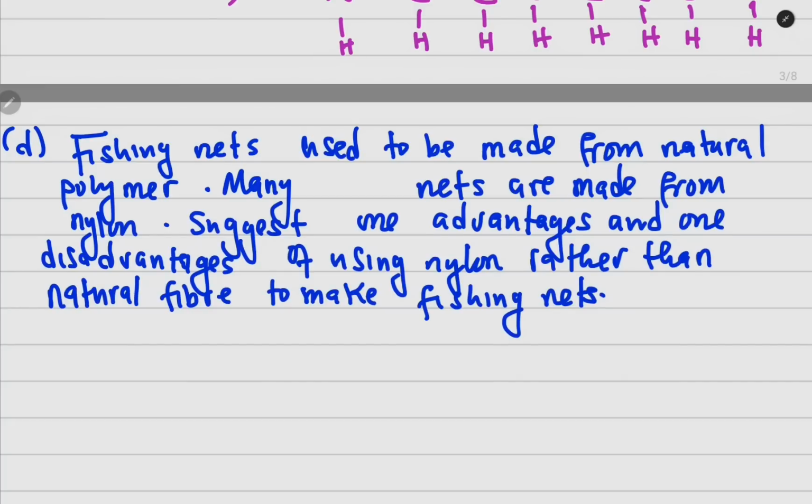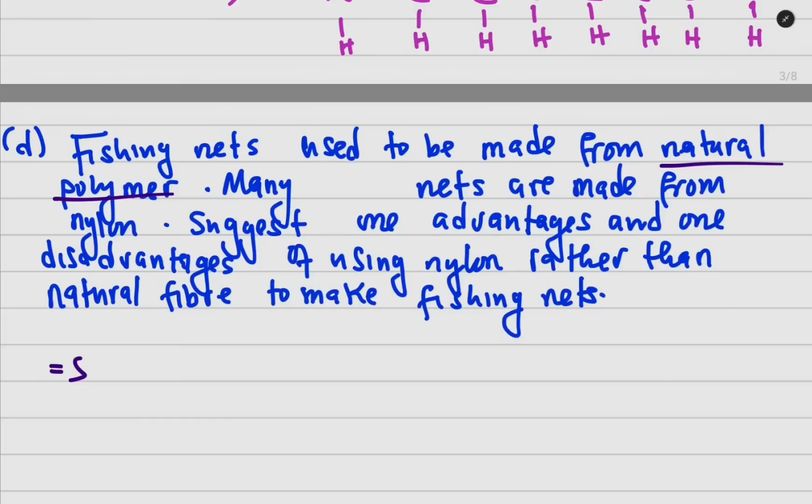So what we are simply doing here is to give advantages of nylon as the material that is used to make nets now. Now here is something that you need to understand. We are saying used to be made using natural fibers. So natural fibers, they are biodegradable, which means they can be decomposed by bacteria.